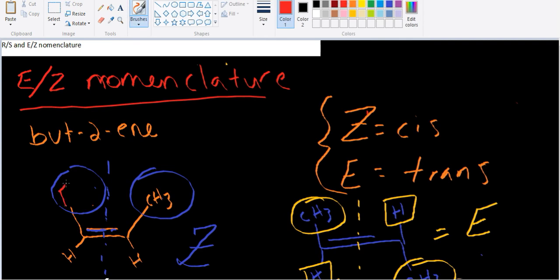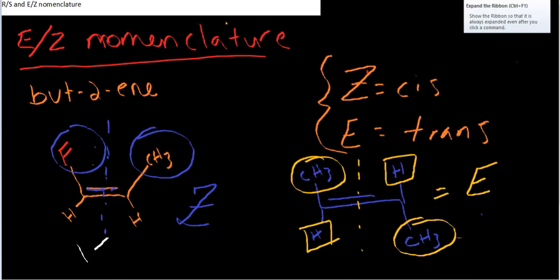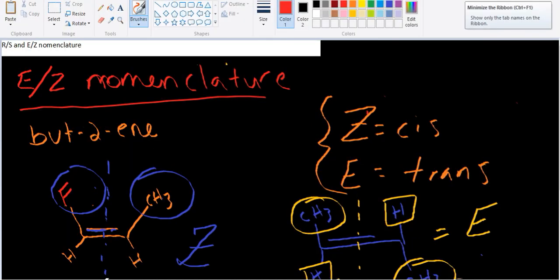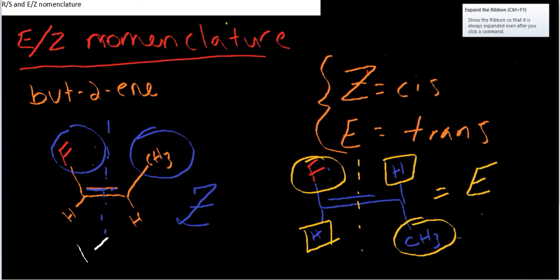The highest priority groups would be fluorine and CH3, and they're still on the same side, so you would still name that Z. Let's do the same thing over here. Say this is a fluorine, and you would still name that E.